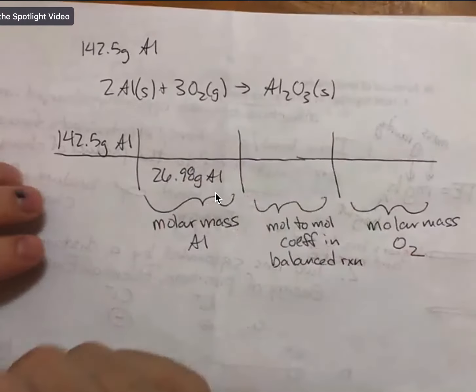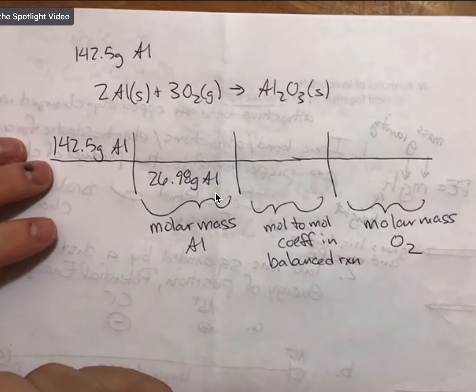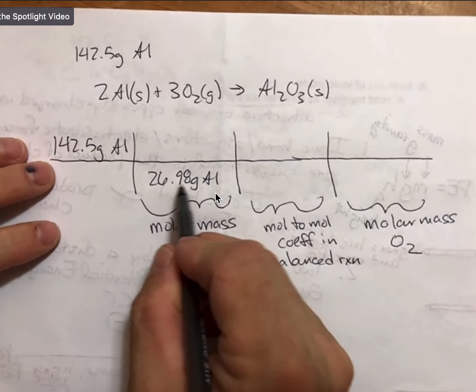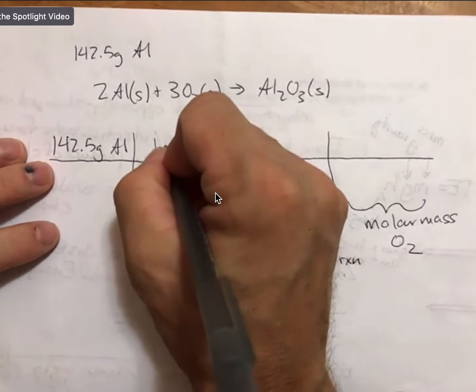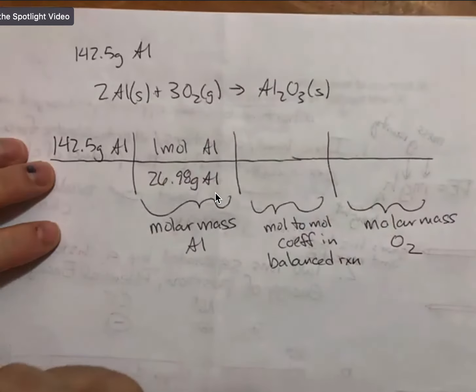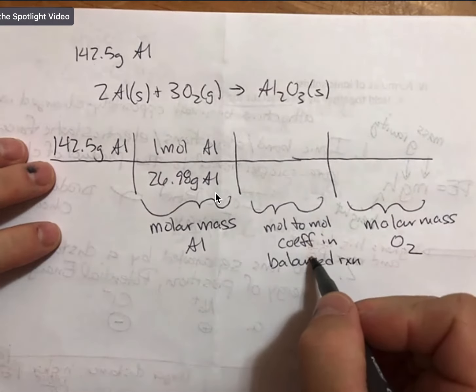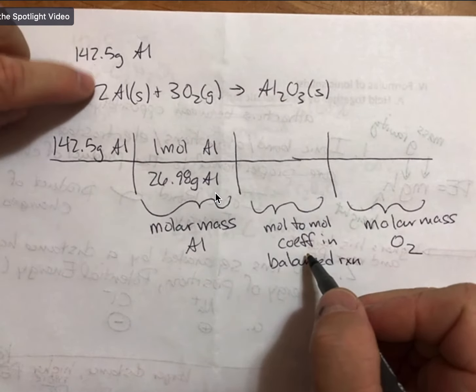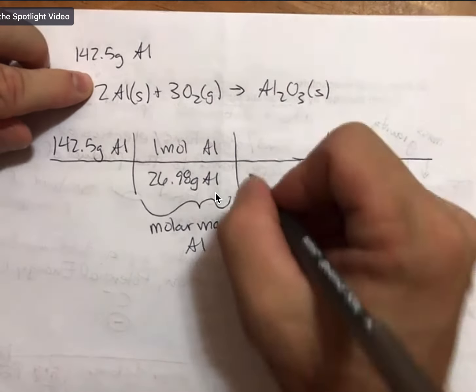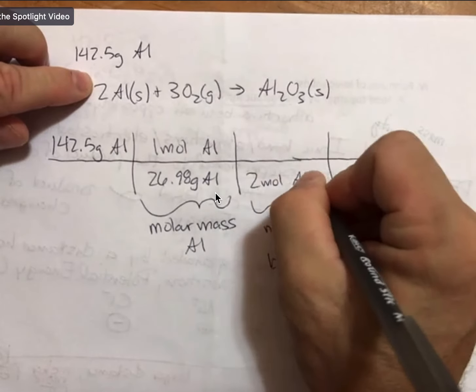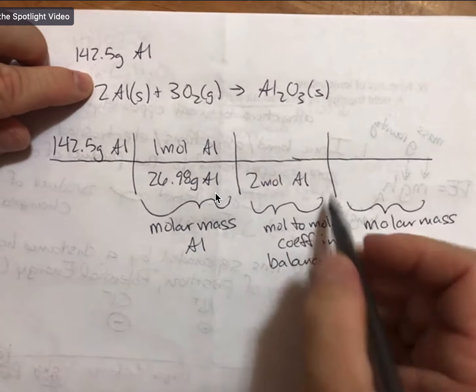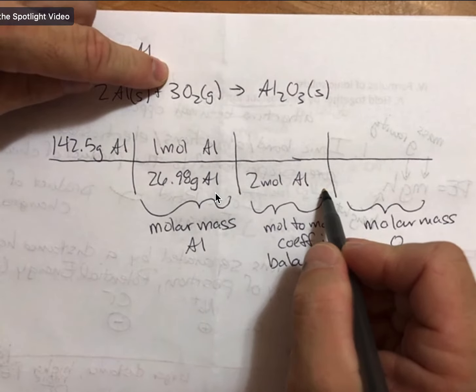And the way that looks in my system for doing the calculations is it's 26.98 grams of aluminum for 1 mole of aluminum. Then the mole-to-mole coefficients are going to be 2 moles of aluminum reacted for every 3 moles of oxygen.